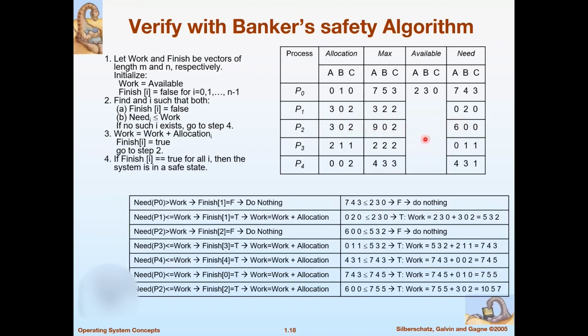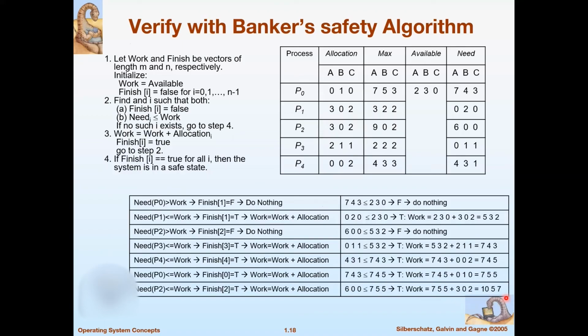So P2 can also complete, and on completion P2 will also release the resources 302, which were allocated to it. So available resource after completion of P2 is 755 plus 302 is equal to 1057. And obviously this is the maximum number of resources that are available in the system.